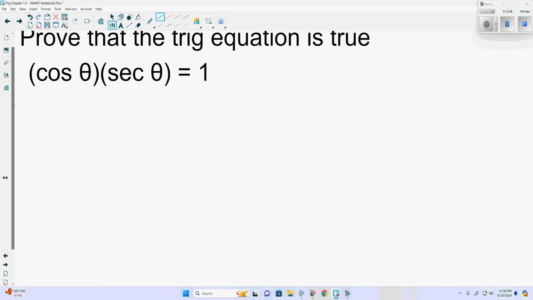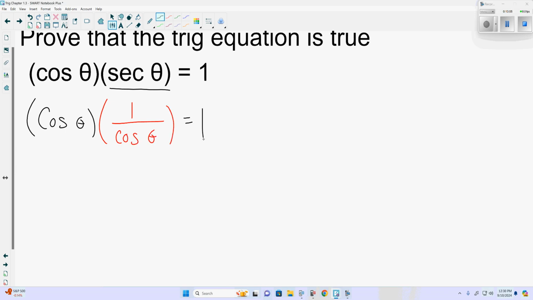Now secant, as we've said already, is equal to 1 over cosine, yes? So we can say that cosine of our angle is being multiplied by 1 over cosine, because it's true that secant is equal to 1 over cosine, so we can replace it. Questions on this so far?